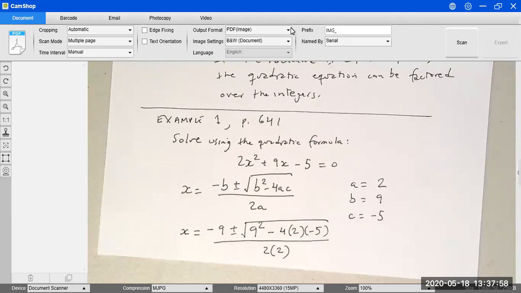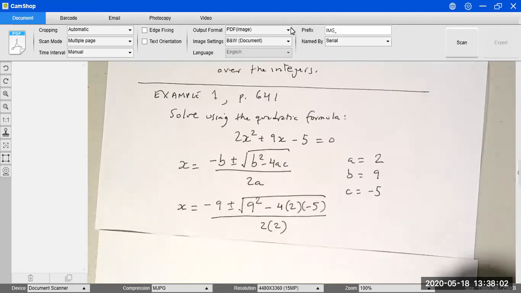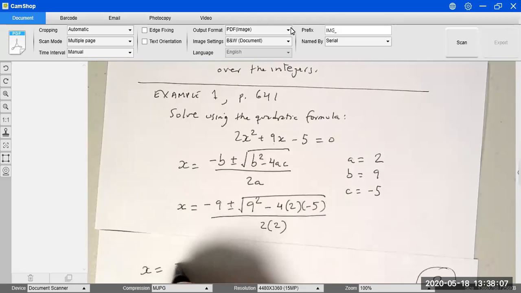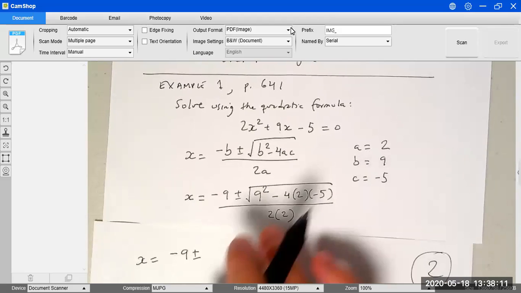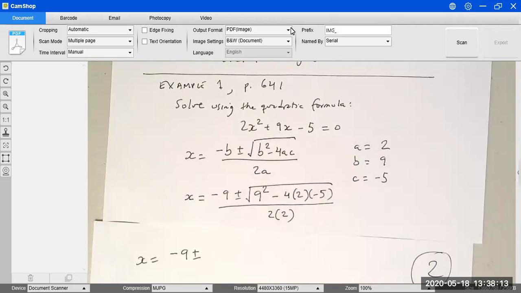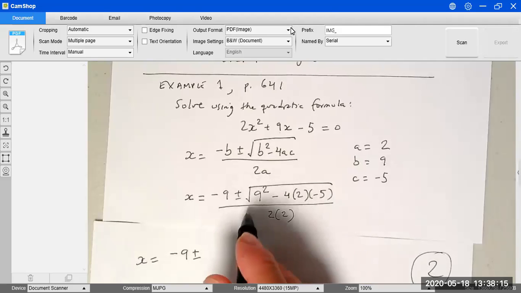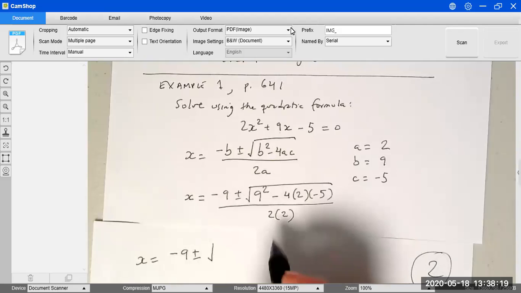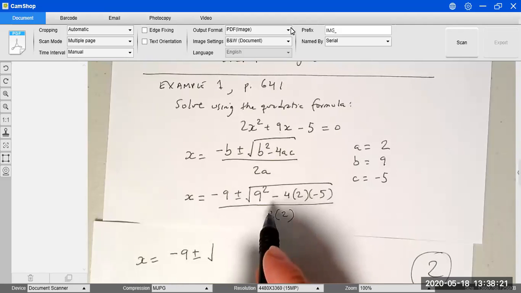So let's do the computations that are indicated here. We're going to have x equals negative 9. You're going to work first with the radical. Try to simplify the radical. Now you know how to work with radicals. So that's the first step. Simplify the radical. Don't forget the radical sign and just do the operations that are indicated inside.